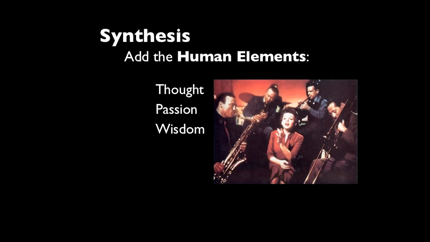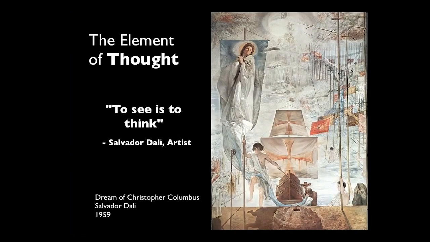someone said that in this whole thing about synthesis, there's something else though that we add into the image. It's not just structure, it's not just this visual play, but there's also three different things that we're going to add to it: thought, passion, and wisdom.